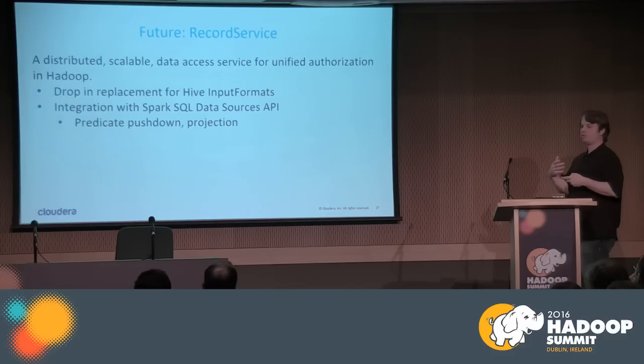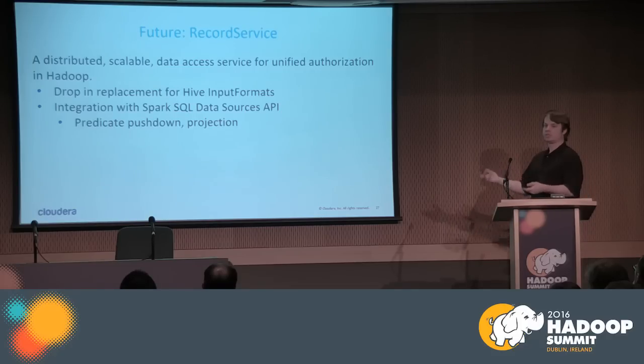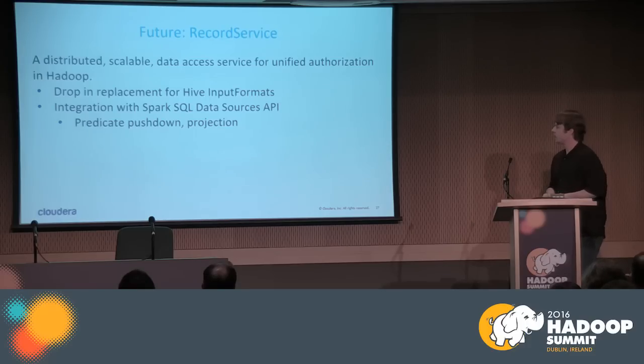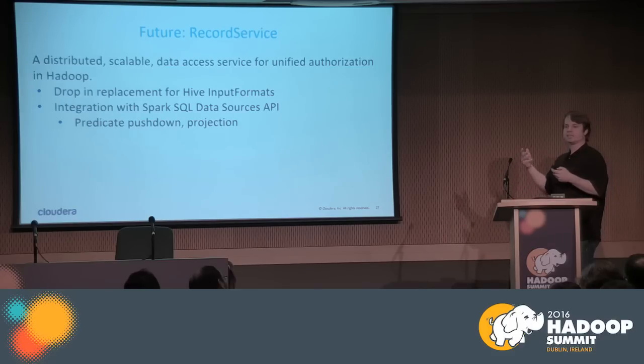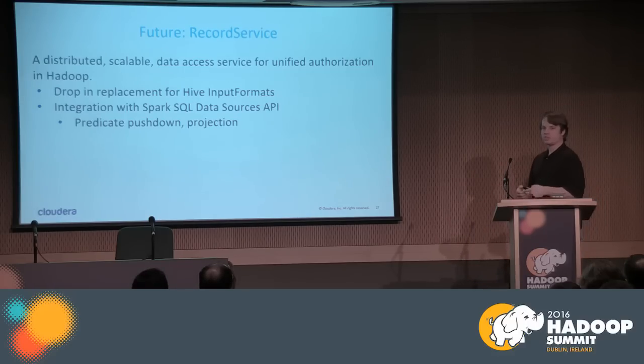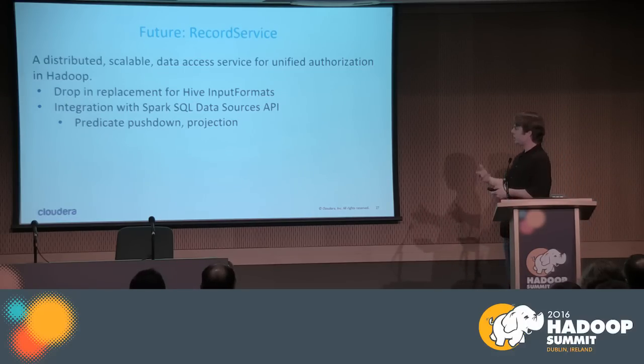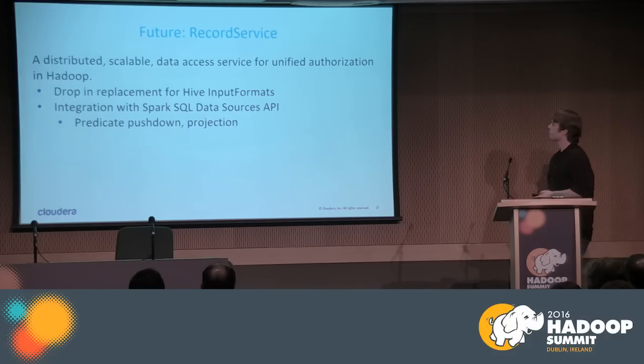So instead of reading data using Hive classes, you use the RecordService version of those classes, and you're going to be talking to the RecordService daemons to fetch the data. It integrates with the Spark SQL data sources API, so there's no direct dependency on the RecordService API in your applications. You just tell it this table is a RecordService table, and Spark SQL knows what to do with it. And it supports things like predicate pushdown and projections efficiently.